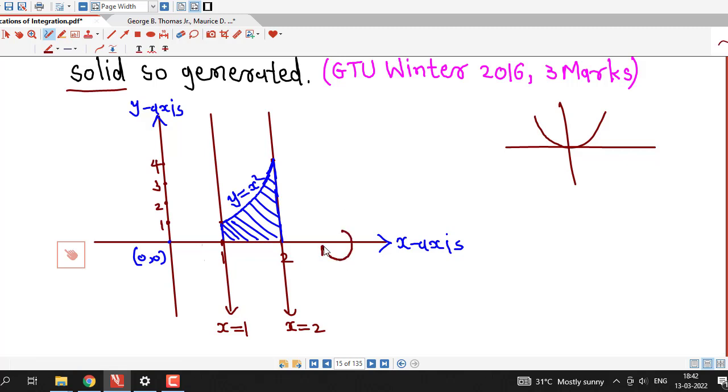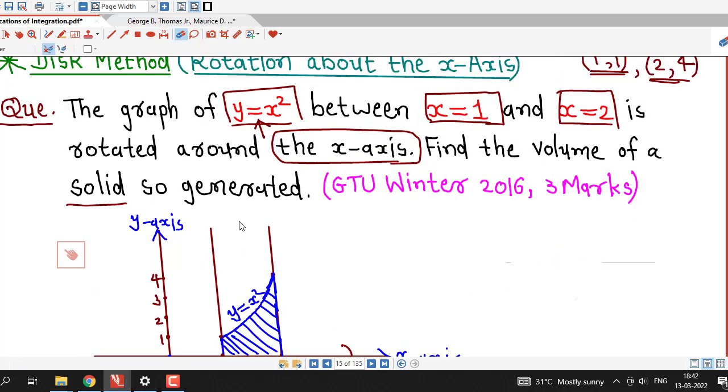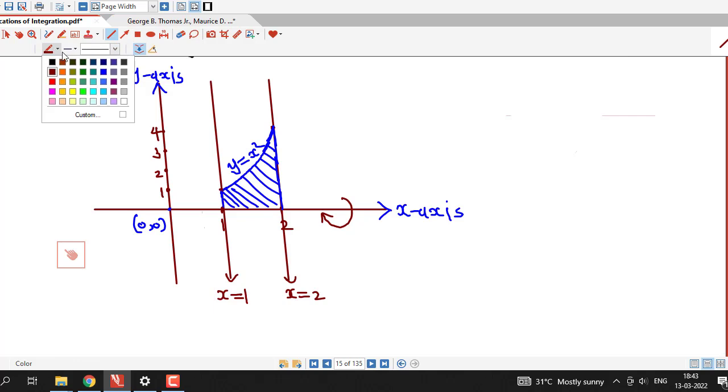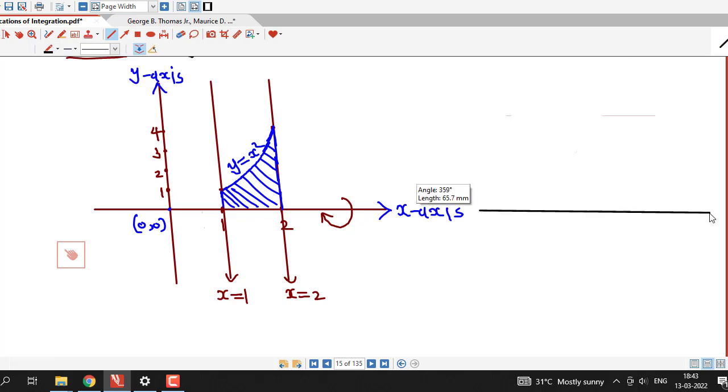So we will rotate this region about x-axis, and we will see what will be the nature of the solid so generated, and then we will find out the volume of that solid. So for that we can roughly sketch the solid which is generated by revolving this plane region about x-axis.